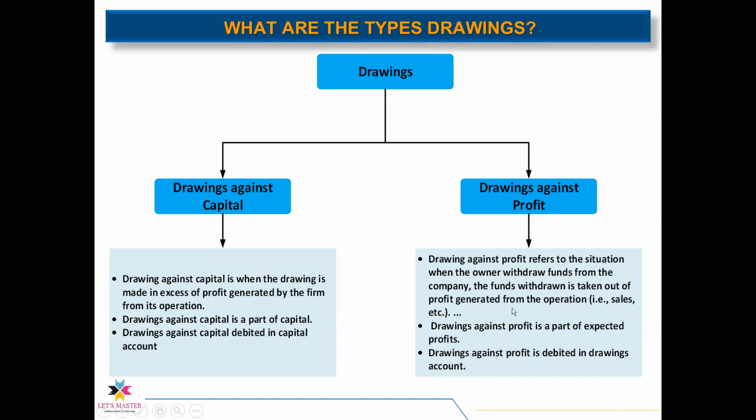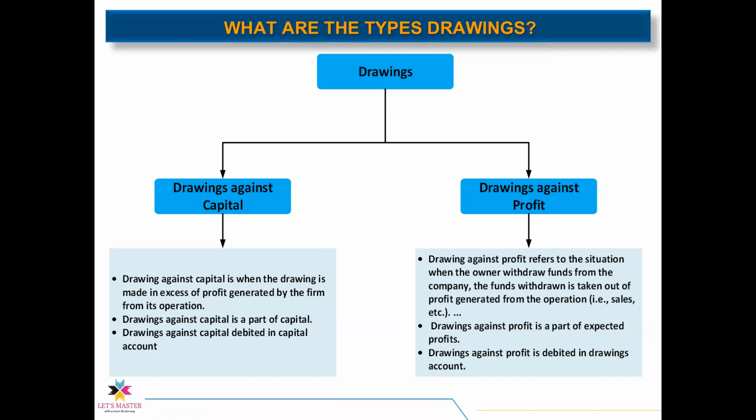What is drawings against profit? Drawings against profit refers to the situation when the owner withdraws funds from the company. The fund withdrawn is taken out of profit generated from the operations, that is sales, etc. And drawings against profit is part of expected profit, because during the financial year, till the time you have not closed your books of accounts, you cannot tell whether your business entity is going to earn profit or suffer loss.